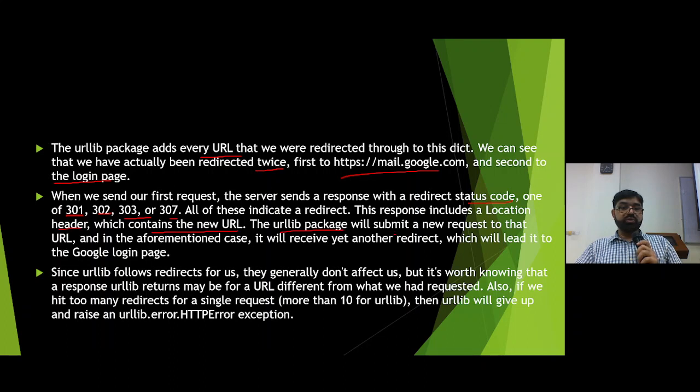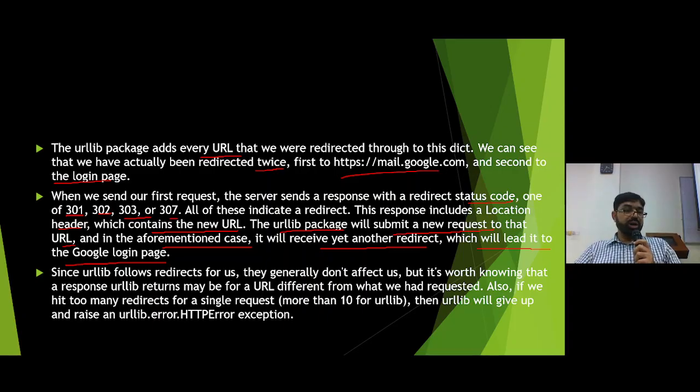The urllib package will submit a new request to that URL. And in the aforementioned case, if we receive another redirect, which will lead to the Google login page, right? So what happens in the response? It will give you the new URL, so urllib directly connects to the new URL.